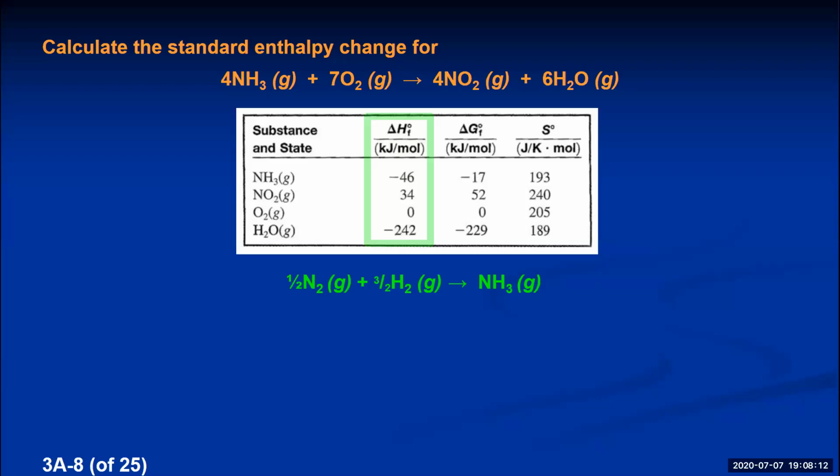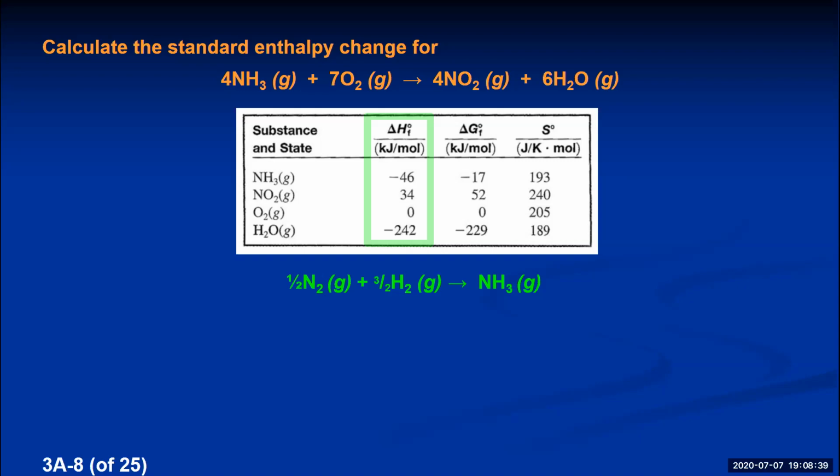You will need 1/2 of a mole of diatomic nitrogen and 3/2 of a mole of diatomic hydrogen to form 1 mole of NH3. When this reaction occurs and you produce 1 mole of NH3, the delta H naught sub F value tells you how much heat is given off or absorbed. It says -46, and that means that 46 kilojoules are released when you form 1 mole of NH3.